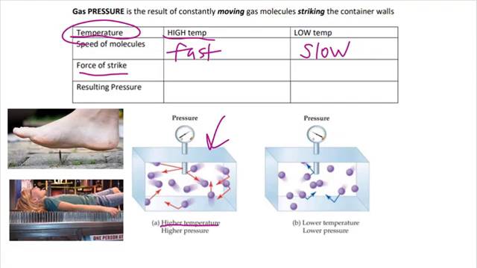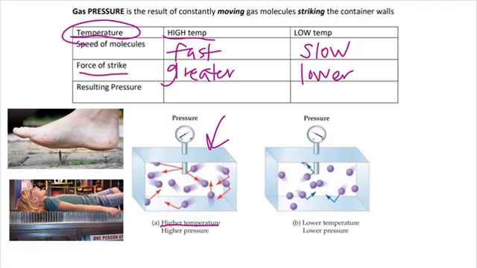Obviously, both are going to hurt and kind of silly, but the force of the strike is going to be a much higher, greater force when the temperature is high and they're moving fast, versus a lower force when the temperature is low.